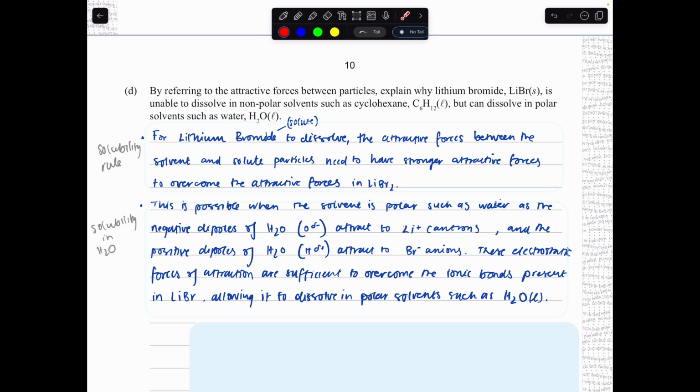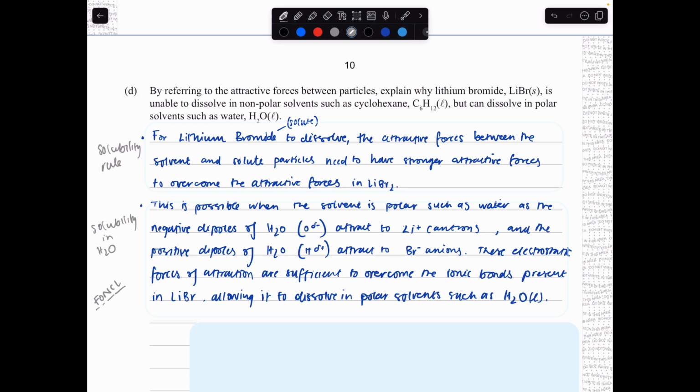So the negative dipoles of water attract to the positive lithium cations, and then the positive dipoles of water, which are the hydrogens, attract to the bromine anions. How do I know that the oxygen is the negative dipole and the hydrogen is the positive? Well, always remember FONCl. So fluorine, oxygen, nitrogen, and chlorine, these are the most electronegative and in that order as well.